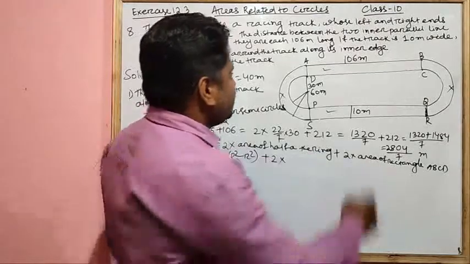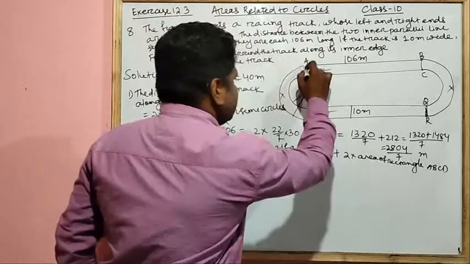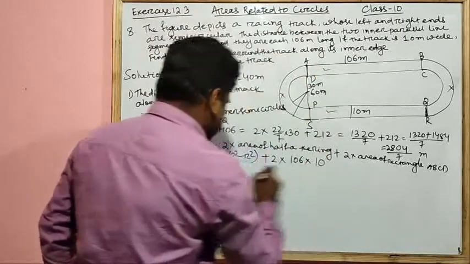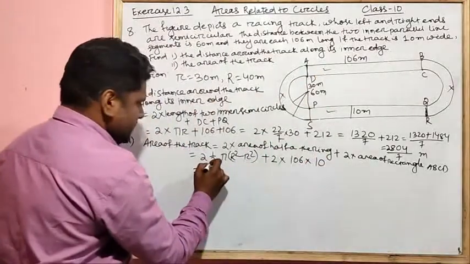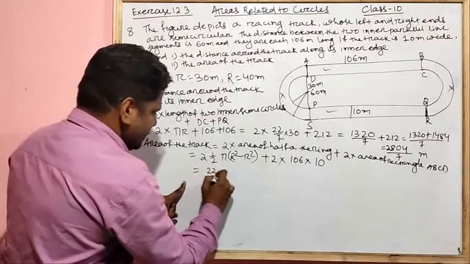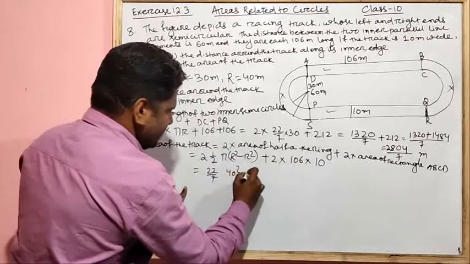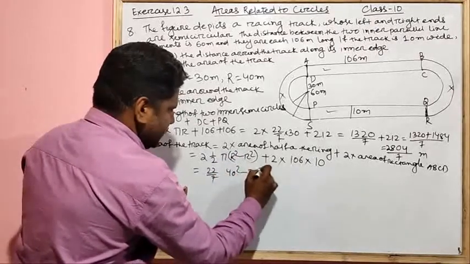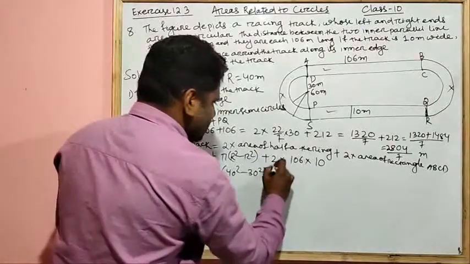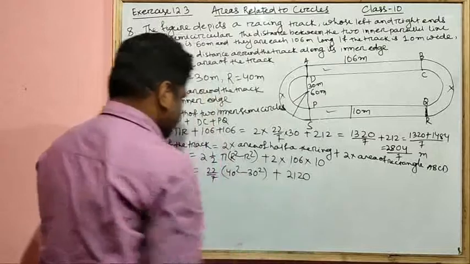We know length into breadth. Length is 106 and breadth here is 10. Let's solve this. 2 and 1 by 2 will be cancelled. Pi is 22 by 7. R is 40 here, square, minus small r is 30 square, plus 2 into 106 is 212 into 10.